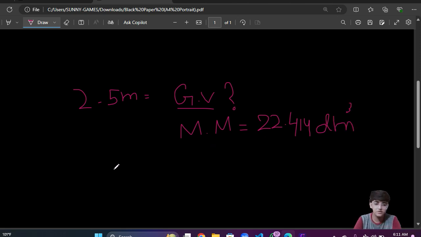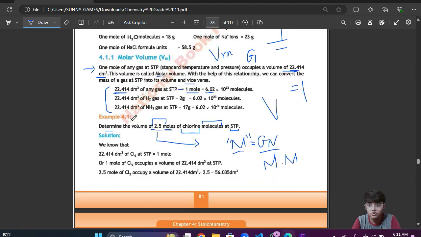Therefore we will calculate our answer and find the given volume, as asked at the start of this question. You can read it again, volume.